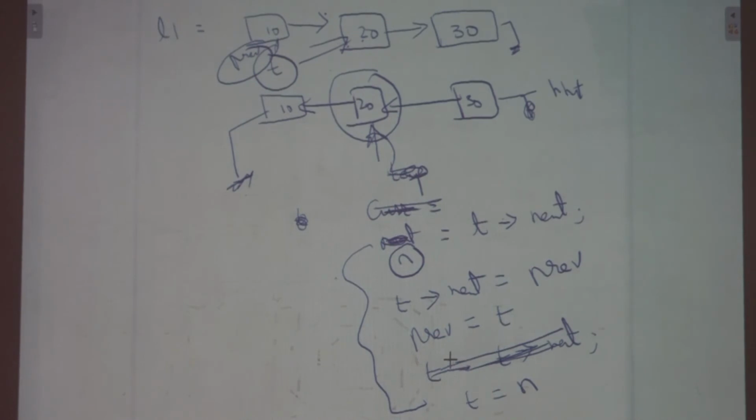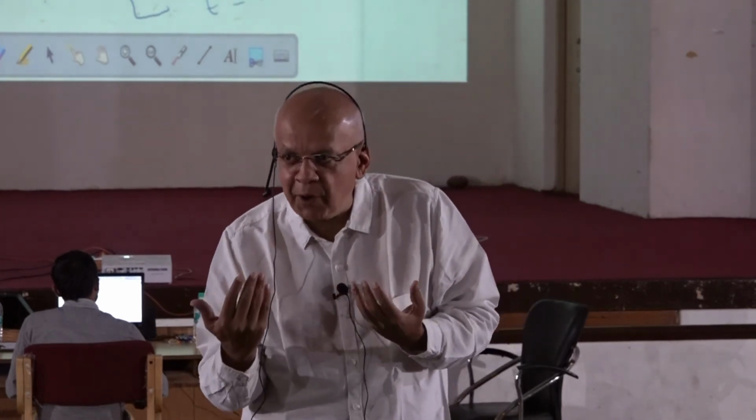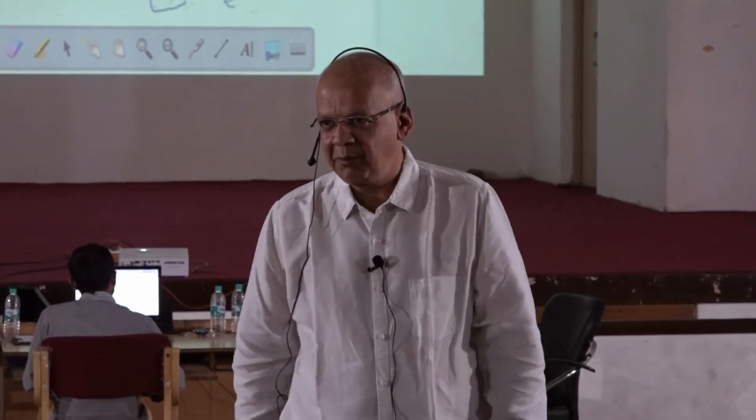No, think logically. Do you understand when I say memorize? T is on that 20. And imagine some way we have a prev. What is prev pointing to? Prev is on 10. Are you with me?